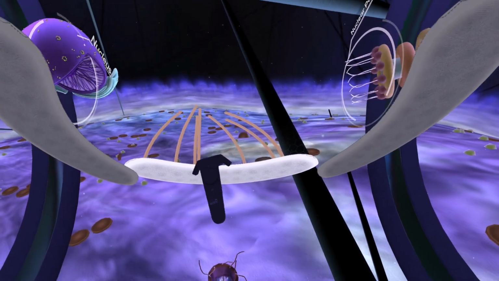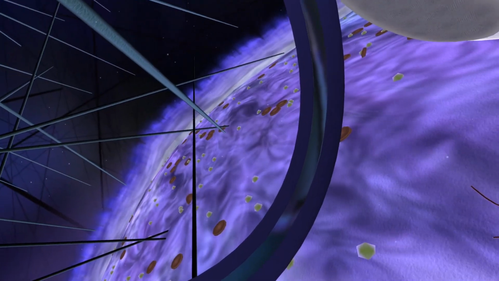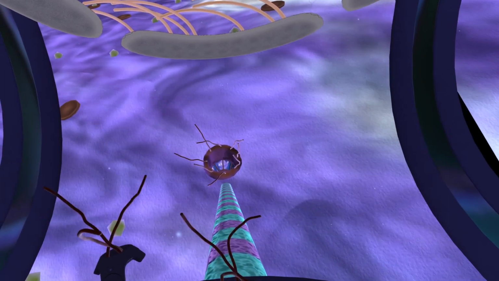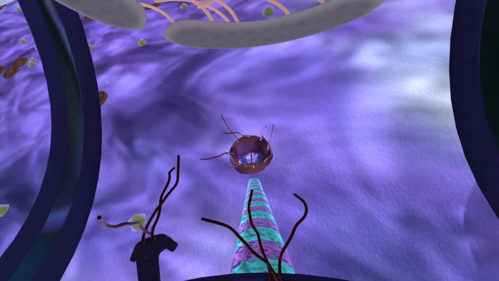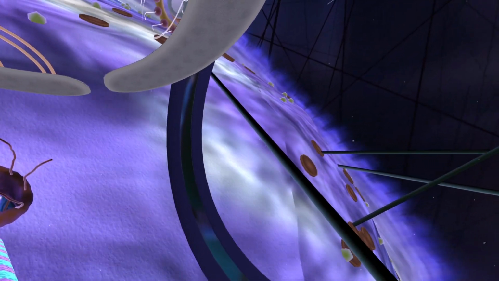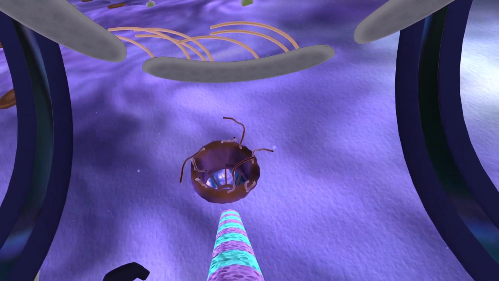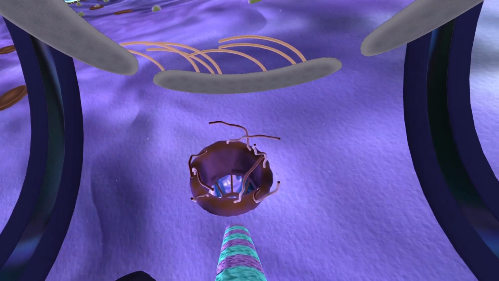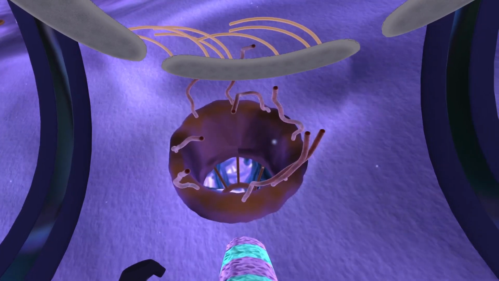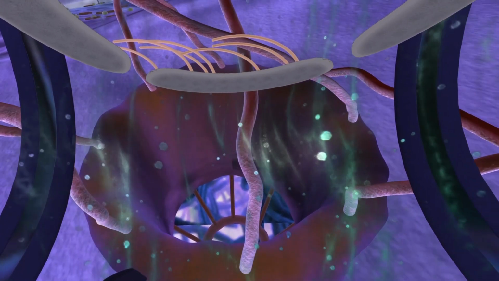Protein filaments are located around the edge to facilitate the transport. Let's head inside.